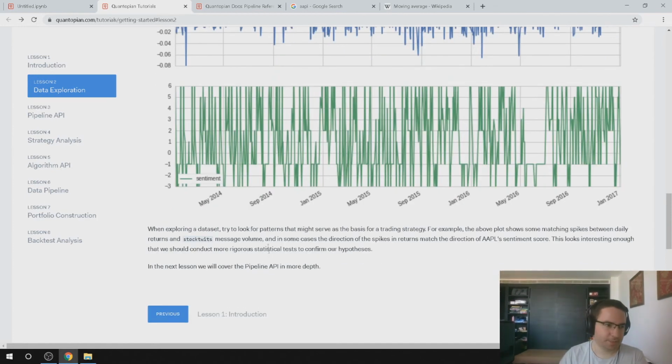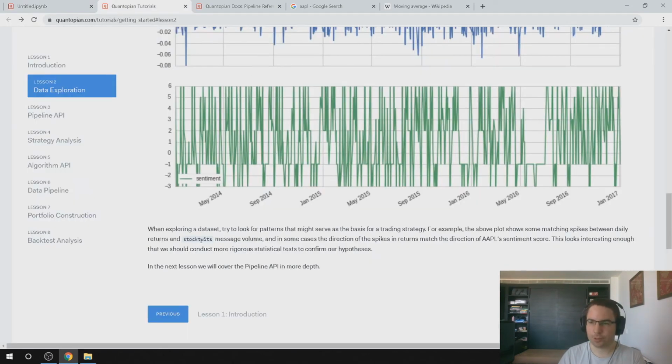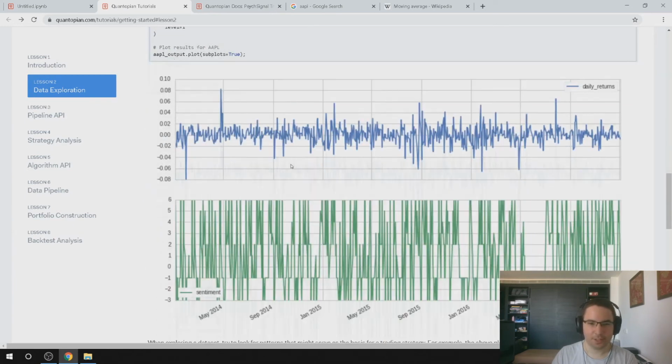So if we know the sentiment, we can make a guess of the price change, the return. And if we can guess the return, we can make some money. Don't know what the stock twits is. Shows matching spikes between daily returns and stock twits message volume. I thought we were doing sentiment data, not stock twits data.